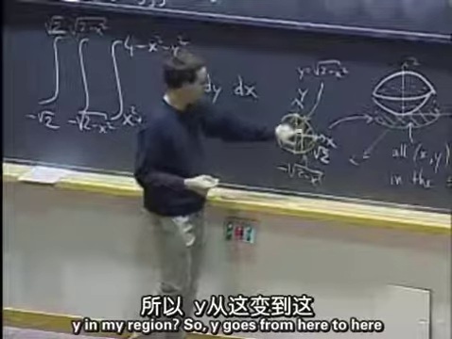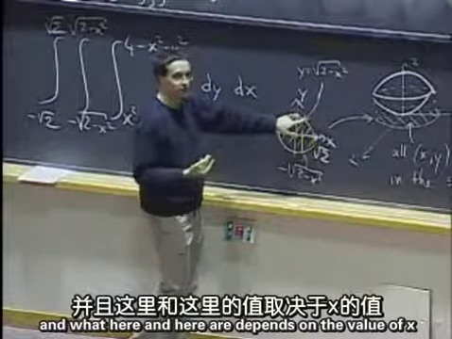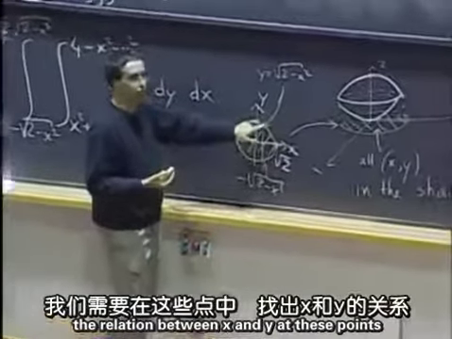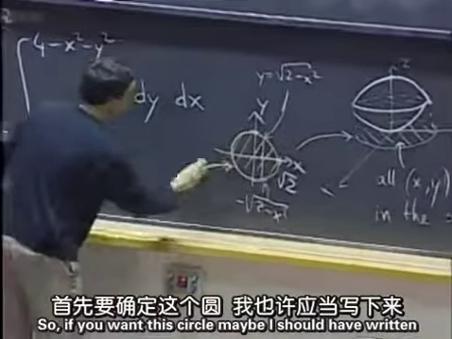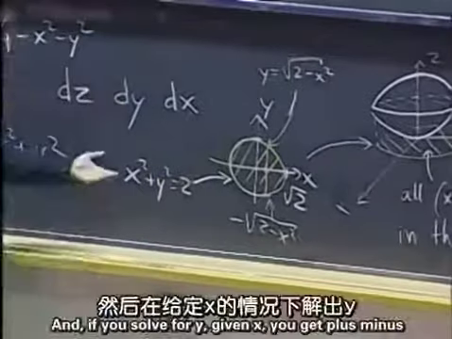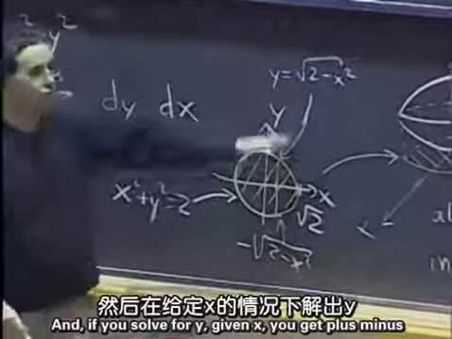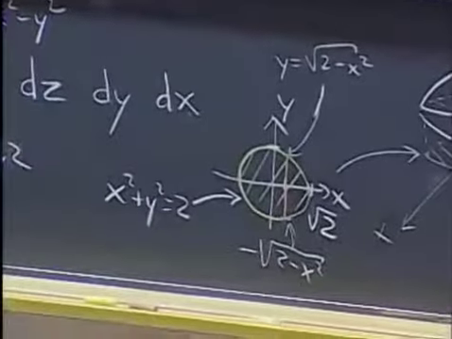So y goes from here to here, and what here and here are depends on the value of x. How? Well, we have to find the relation between x and y at these points. These points are on the circle of radius root 2. So this circle, maybe I should have written, is x squared plus y squared equals 2. And if you solve for y given x, you get plus or minus root of 2 minus x squared. Okay?